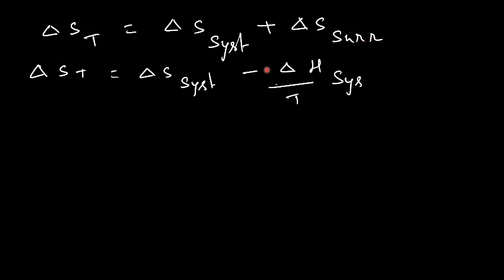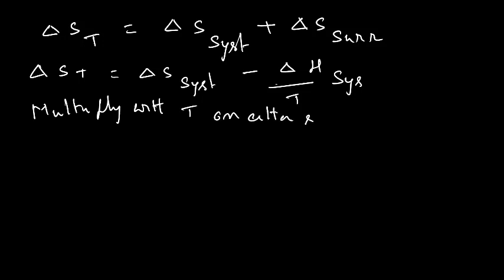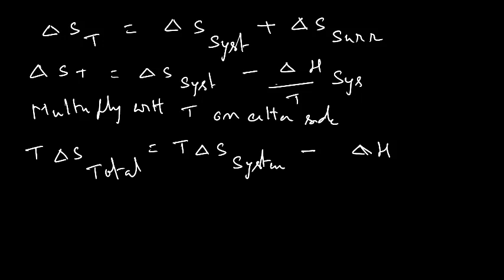In place of delta S surroundings, we substitute minus delta H system by T. Multiply with T on either side. Therefore, T delta S total is equal to T delta S system minus delta H.